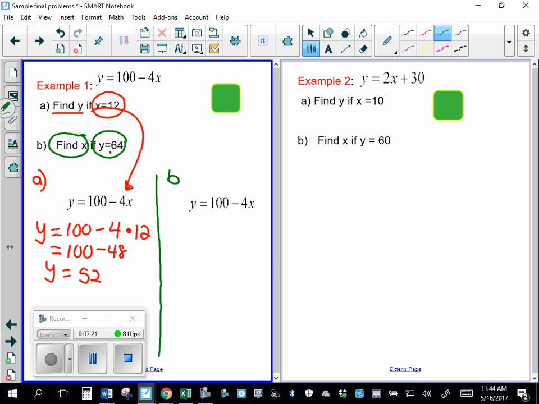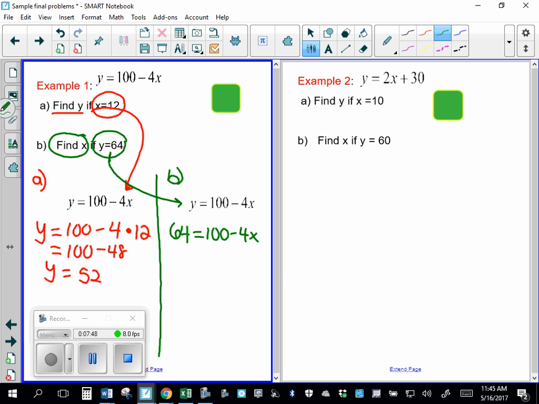So I'm going to take the Y. Where do you think I'd do with that, Zach? You're probably going to take the Y, since if it equals 64, it's going to be 64. Right. Perfect. Yeah, exactly. So 64 equals 100 minus 4x.